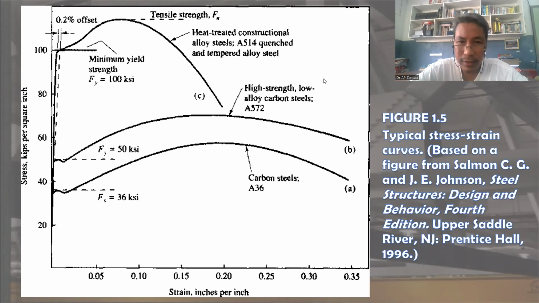And you can see the difference in stress level, the capability. The capability of A514 is comparatively high with respect to A572 and A36. A36 is the base, the basic tensile strength, the basic yield strength of structural steel.